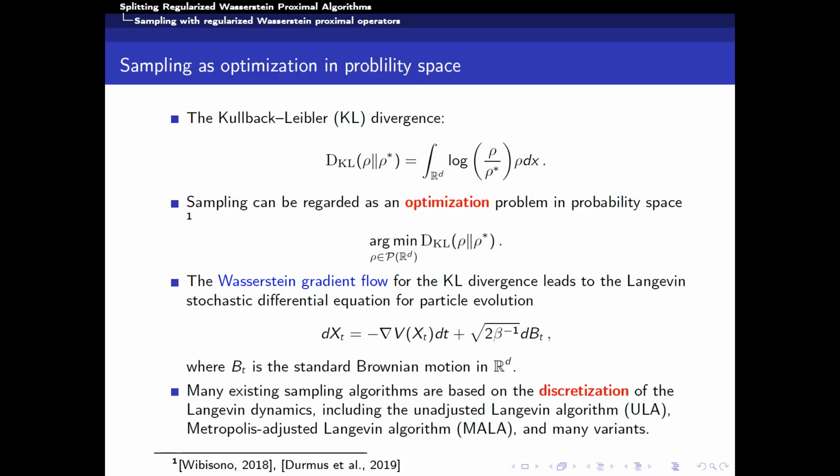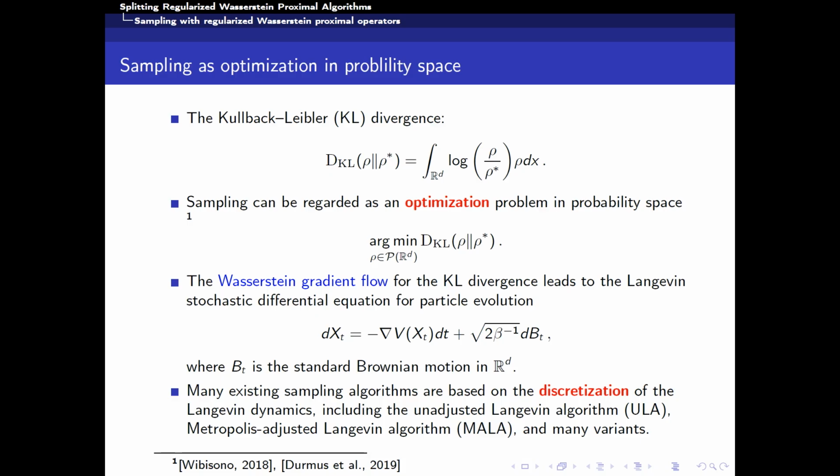The reason that we want to view this sampling problem in the probability space is that it not only helps us to develop algorithms, because in the optimization community this kind of splitting idea is super popular, and we are trying to use this splitting technique also in the sampling task.